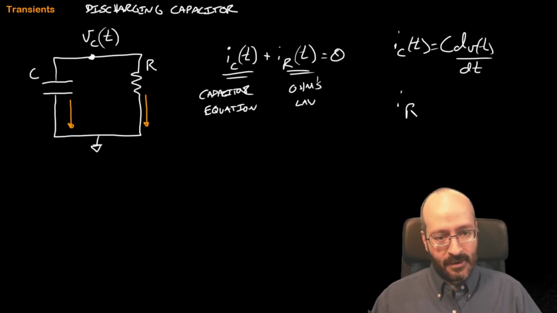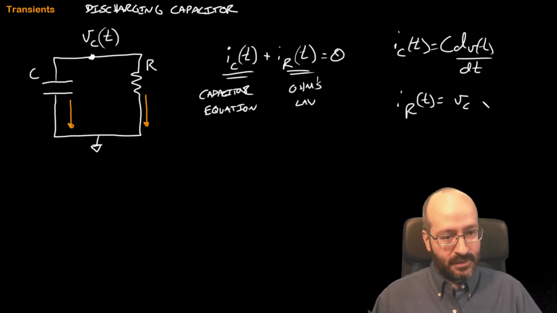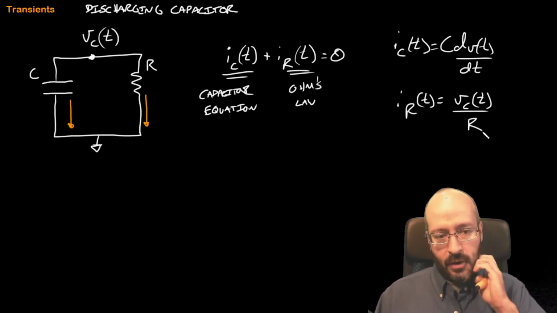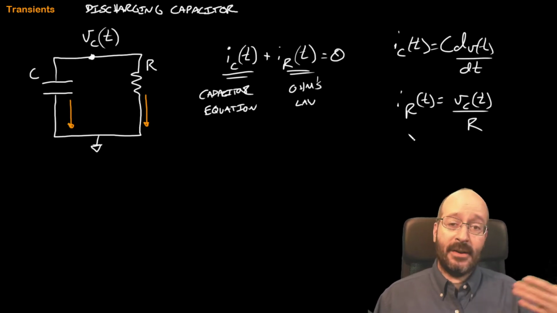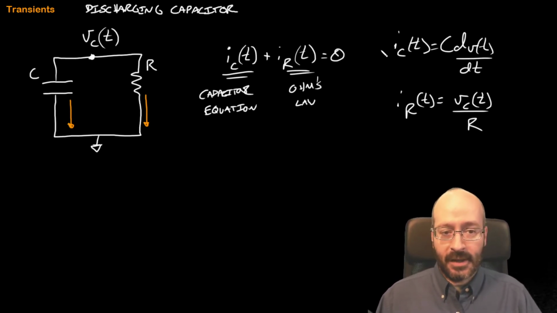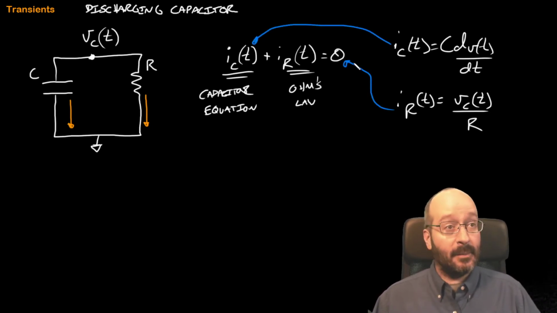And for IR of t, that one's just going to be the voltage of the capacitor, Vc of t over R. V equals IR, so I can move the R up there, and it's just Ohm's law. That's what I'm going to plug in here. So let's say this one's getting plugged in for that, and this one's getting plugged in for that.